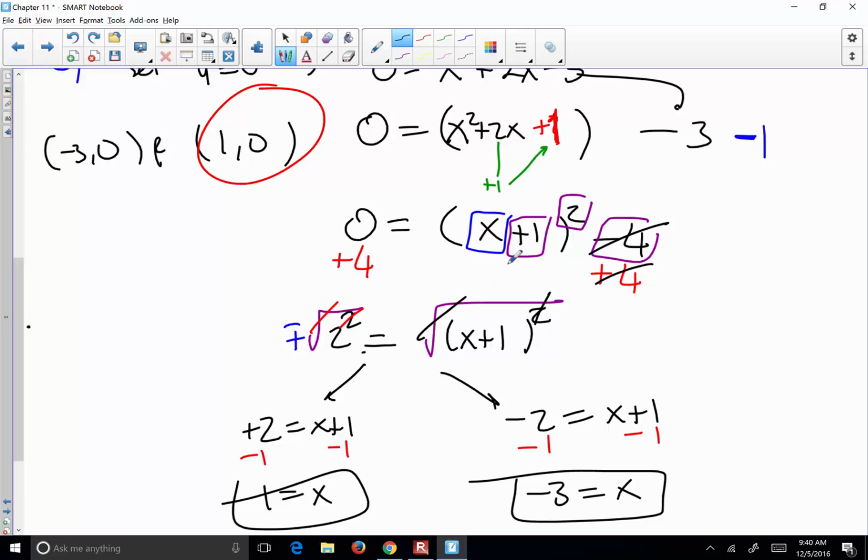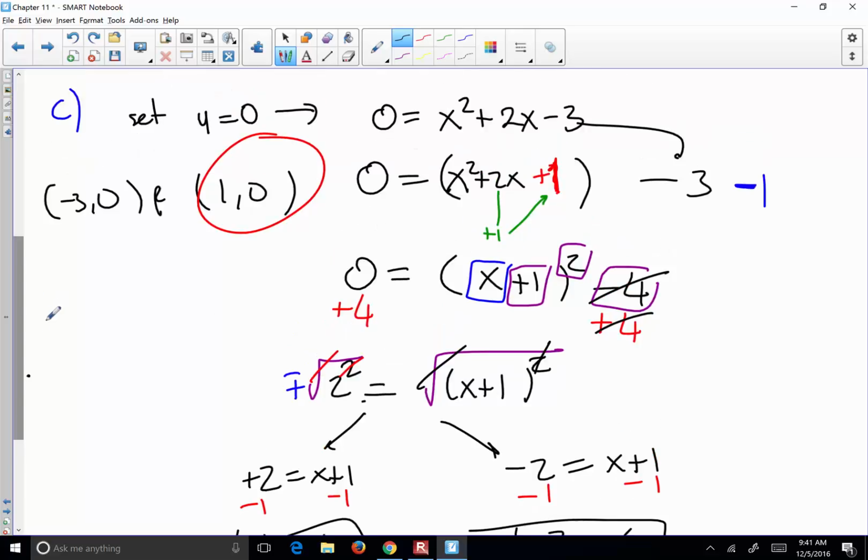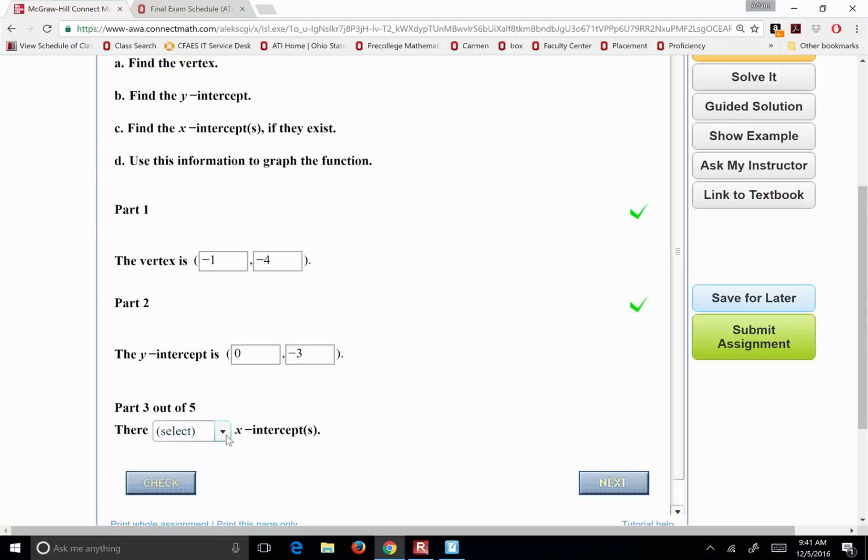Why would you deal with another long quadratic formula method? If you have this ready in front of you, use it to get x-intercepts. Okay? Minus 3, 0, 1, 0. There are 2 x-intercepts here.